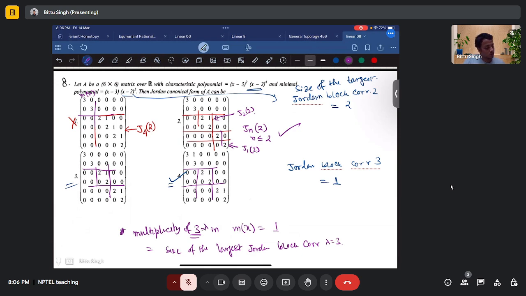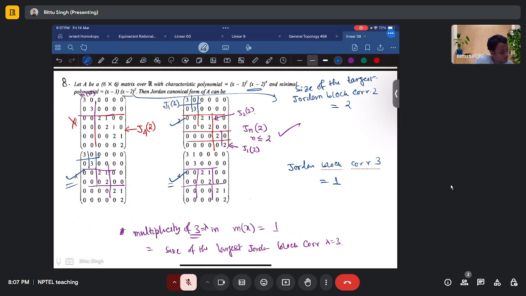So the largest Jordan block which contains 3, its size should be 1. So we can see that, yes, the size of this Jordan block is 1, J1 of 3. Those both are J1 of 3. So this is correct. And here is also J1 of 3. Those are both only 1 by 1 matrices.